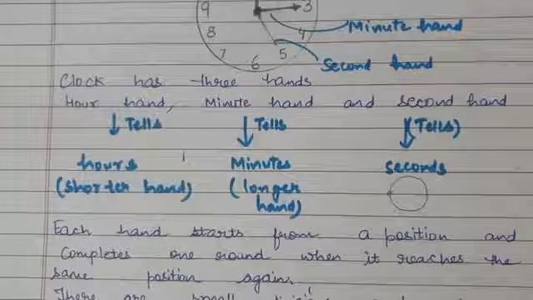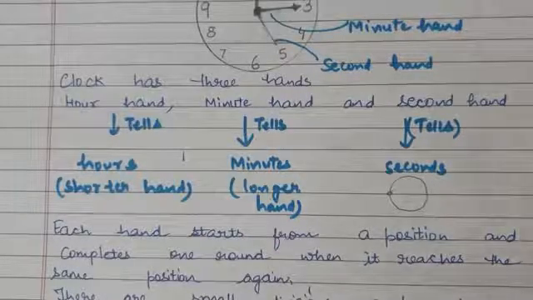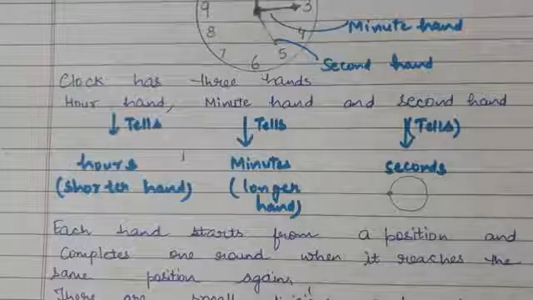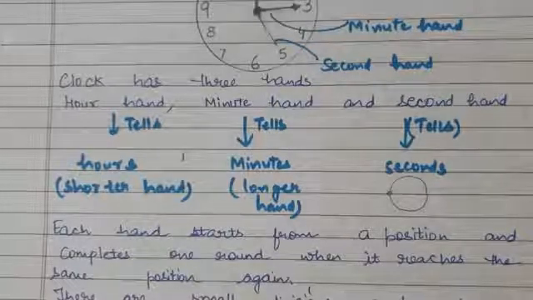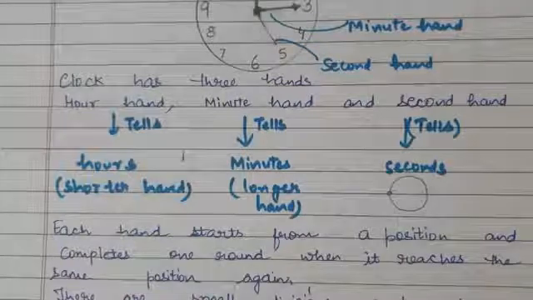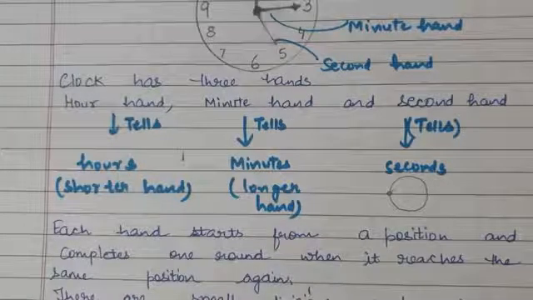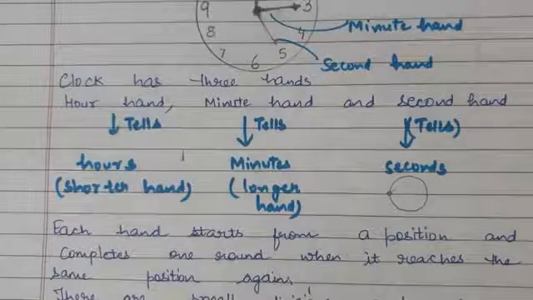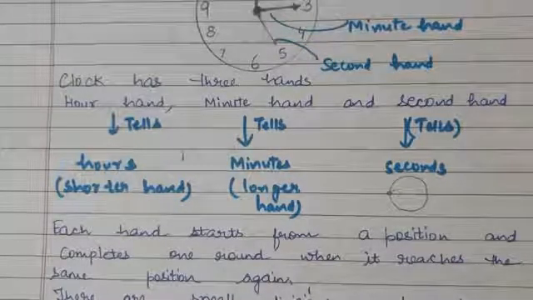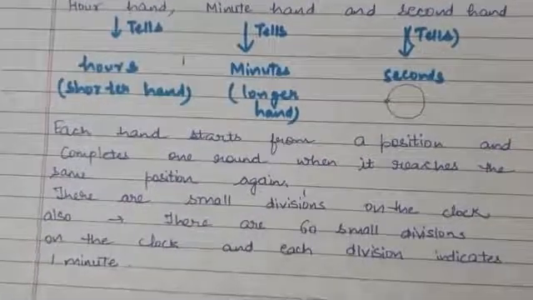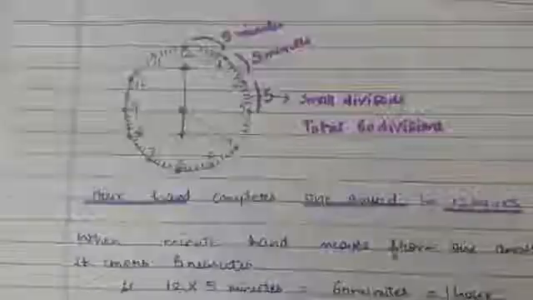Now children, there are small divisions on the clock. If you see carefully the clock in your home, there are 60 small divisions on the clock, and each division indicates 1 minute.